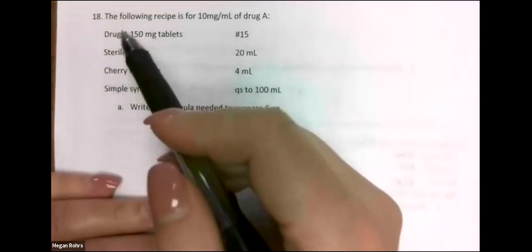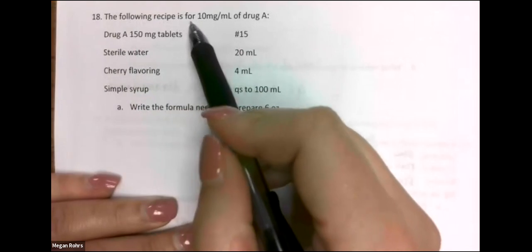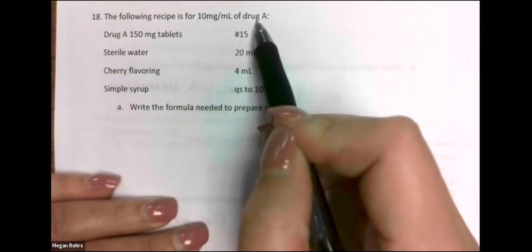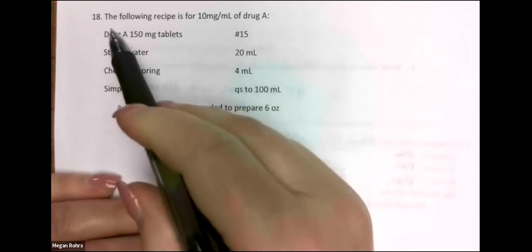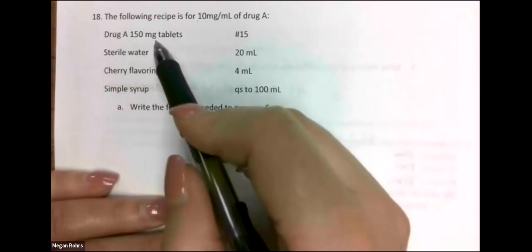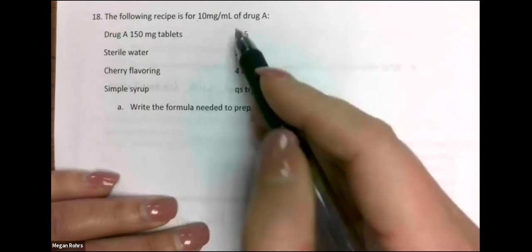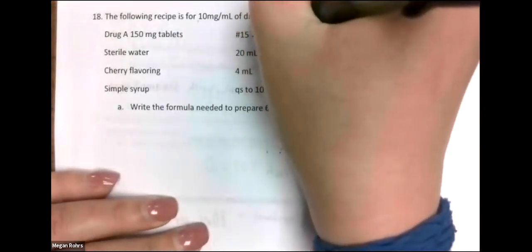So last one. The following recipe is for 10 milligrams per mil of drug A. And then we have our recipe. Drug A comes in 150 milligram tablets, and it says we're using 15 tablets.